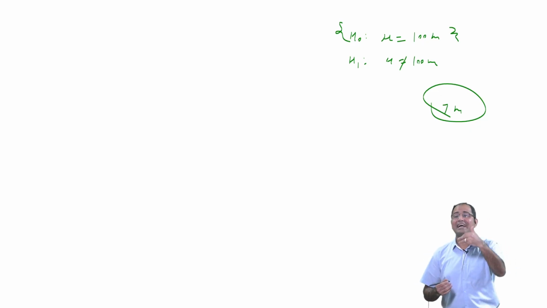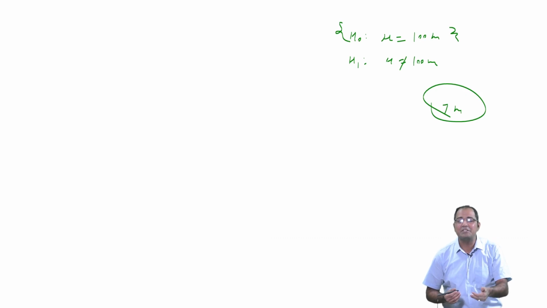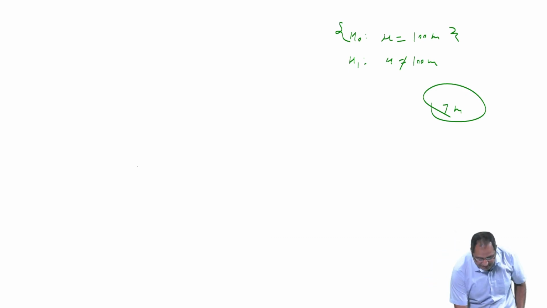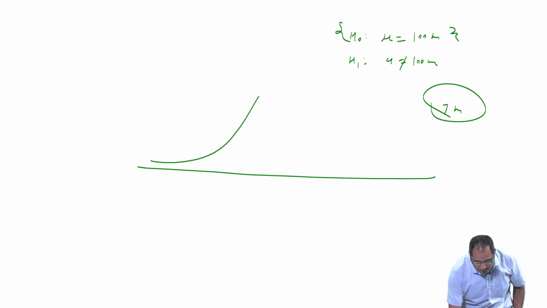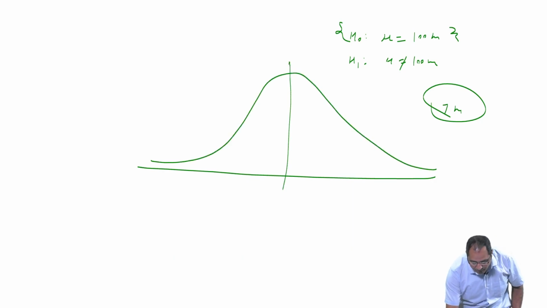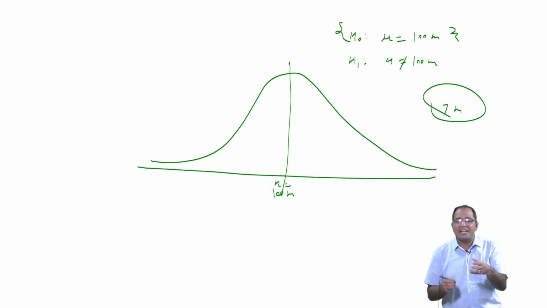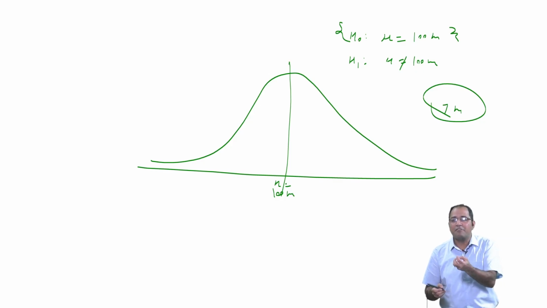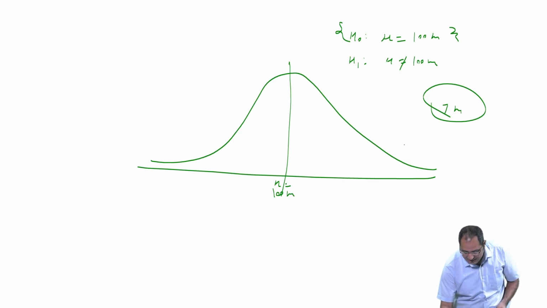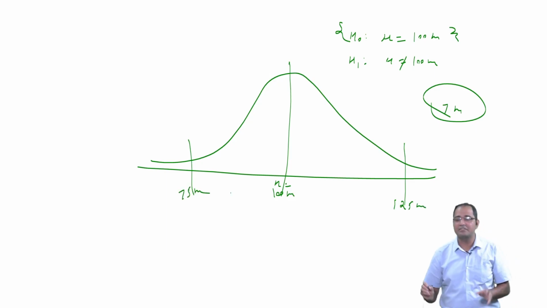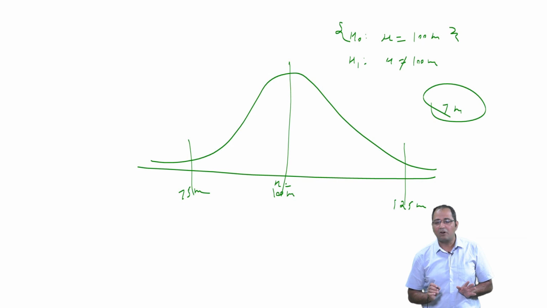Now, assuming that the null hypothesis is correct, which means assuming that the population mean mu is 100 meters, how likely am I to get a sample with a mean of 7 meters? So let's say this is 100, this is 125 meters and this side is 75 meters, on the two tails.